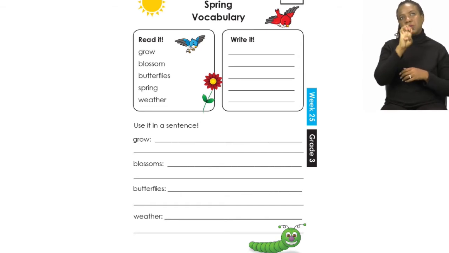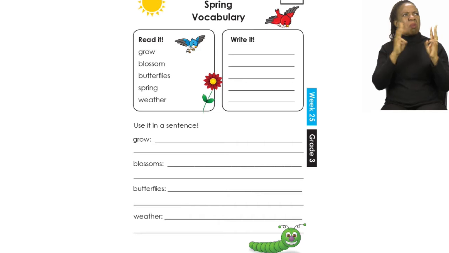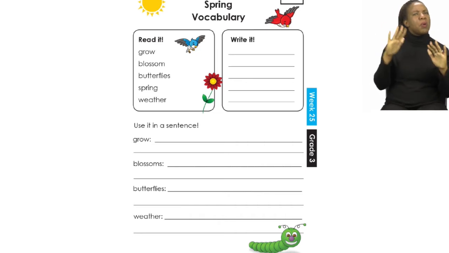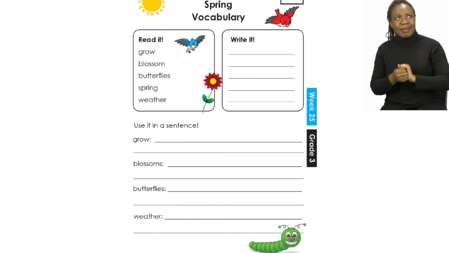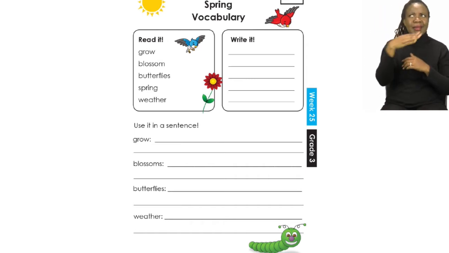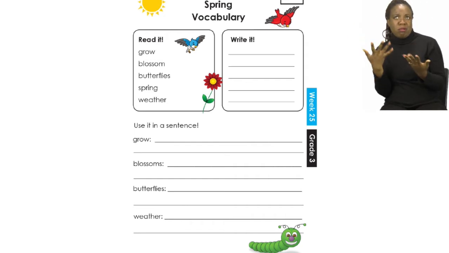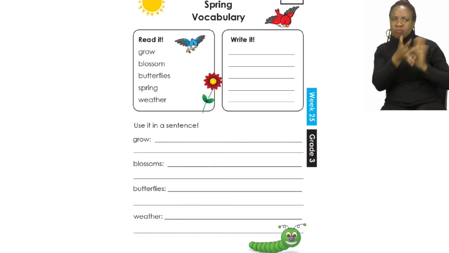Now, weather is the state of the environment outside, which means the condition. Is it hot? Is it cold? Is it windy? And weather changes very often. In one day, it can be sunny in the morning and cold in the evening. So these are our words, and we have just read them and understood what each one means.